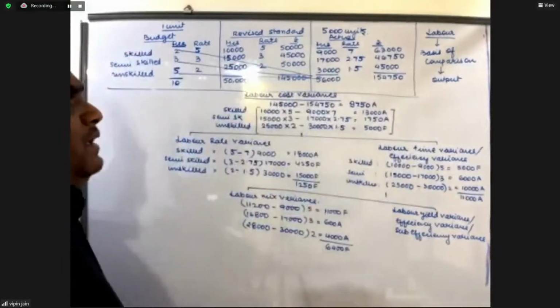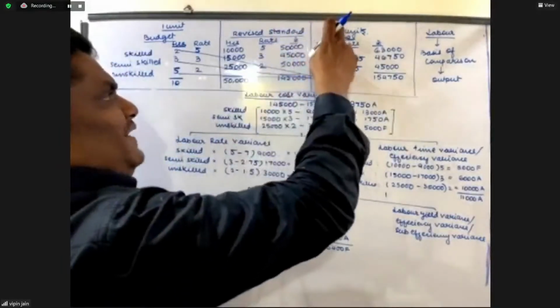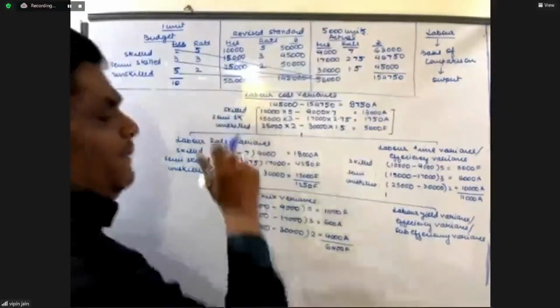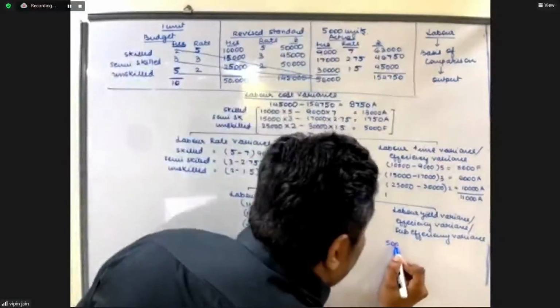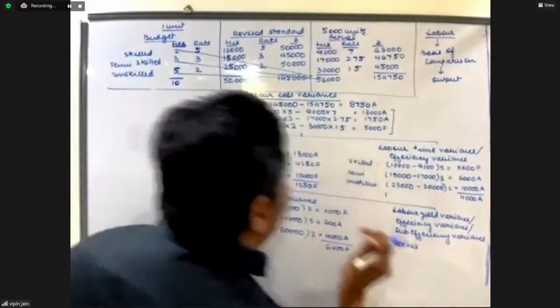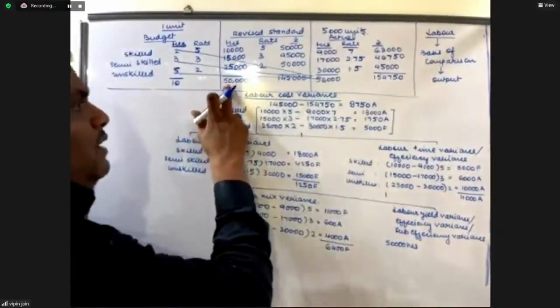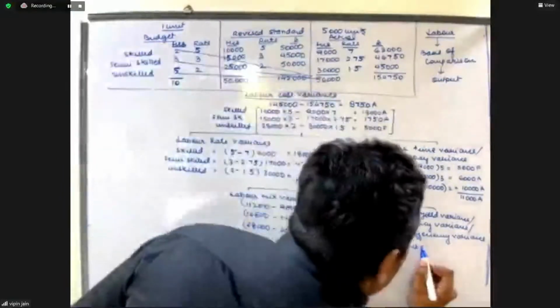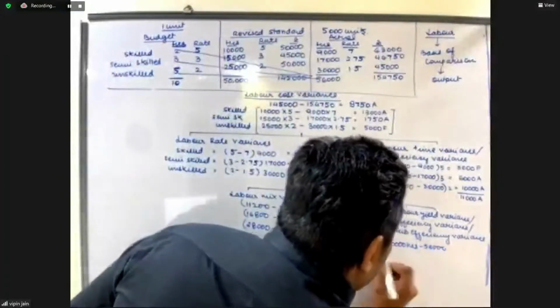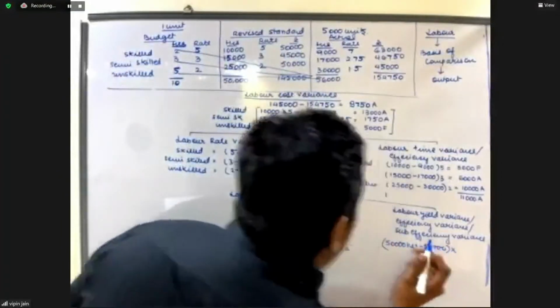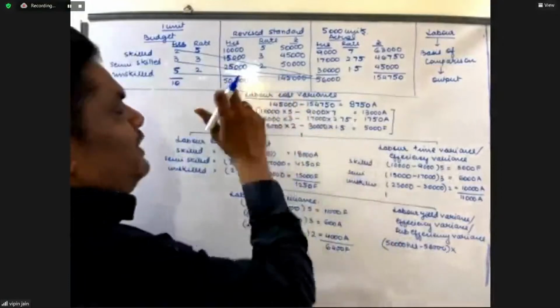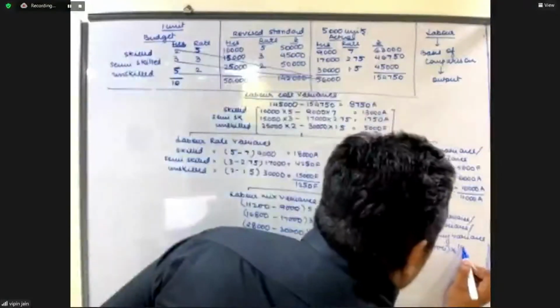Again, same concept. To manufacture these 5,000 units, we should have taken approx 50,000 hours. That is, the work was supposed to be completed in 50,000 hours. But we actually took 56,000 hours into the weighted average rate, that is 145 divided by 50.